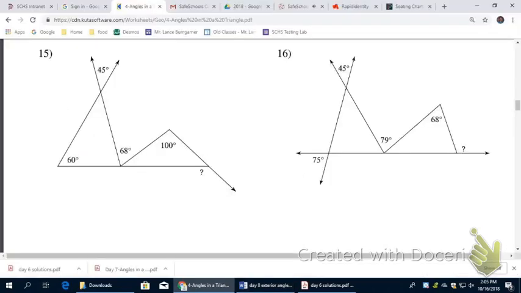Now I did go over a few of the problems that were on the assignment in class, so that's what I'm doing here. For instance, on number 15, a very complicated looking diagram, I'm supposed to be finding this missing angle measure. There's not enough on this triangle to do that yet, so I have to start over here and do a little bit of work to find this angle on the interior, then I can figure it out. Starting off, I'd write 45 degrees in right here using vertical angles.